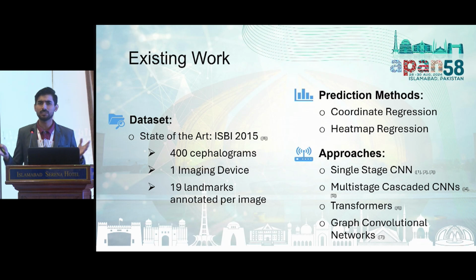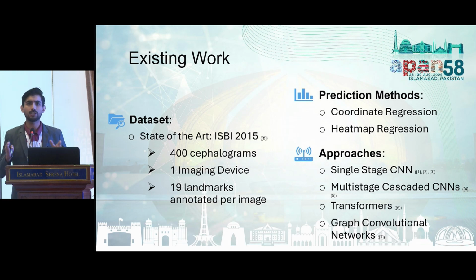If we conclude the literature review, we found two schools of thought. One is coordinate regression: given an X-ray image, the automated system has to just predict the X and Y coordinates. The second school of thought is to formulate the problem as heat map regression, which I will explain in later slides.